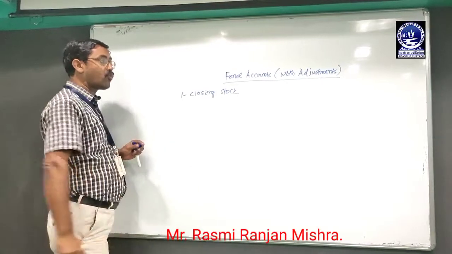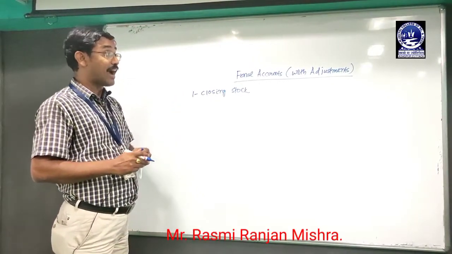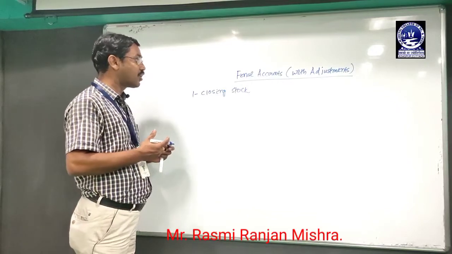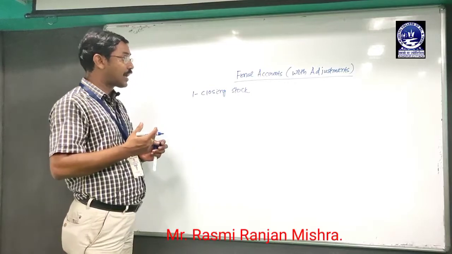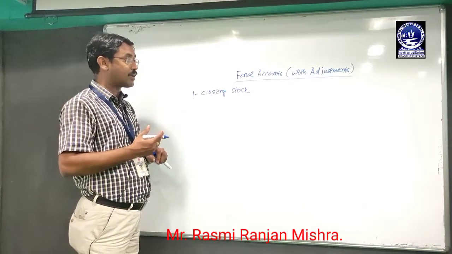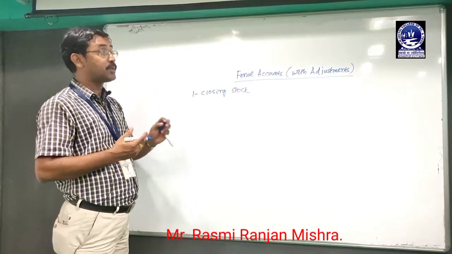So first we have to know what is closing stock, then how the closing stock is adjusted if it is not mentioned in the trial balance. The items that are not mentioned in the trial balance, at the end of the trial balance or after it, need to be adjusted.